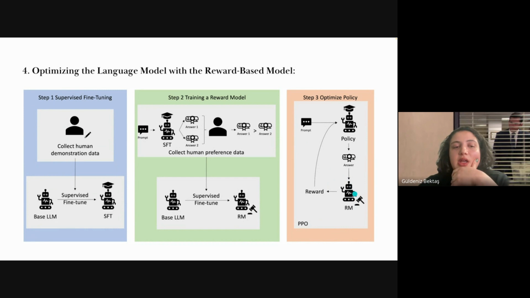So if your reward model says that this answer is appropriate, an answer that a human might expect from a chatbot, then this answer is returned to the human. But if the score is really low, then you just return the question back to the fine-tuned LLM, get another answer, and you do that all over again.